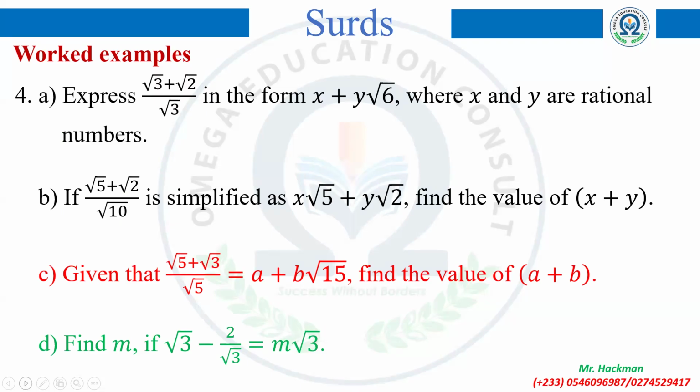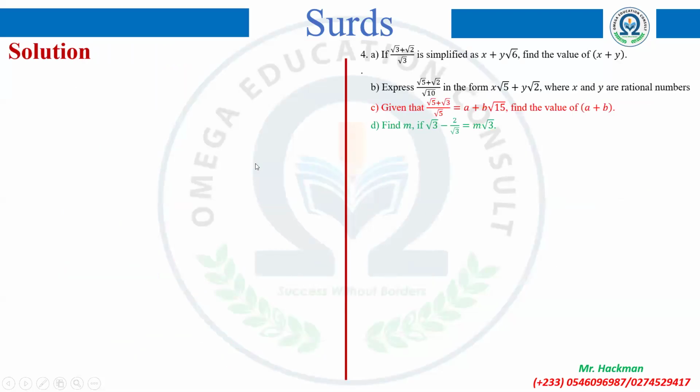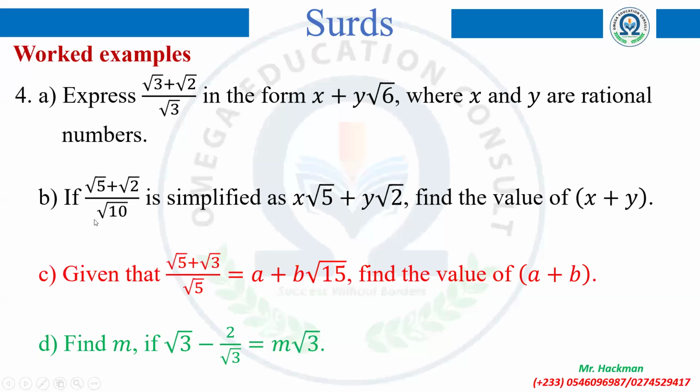All right, so let's quickly look at the solution to question 4a. Let me check. I quite remember I swapped the questions, so the A will be B, but I didn't swap it here.